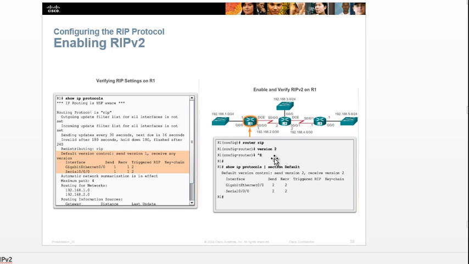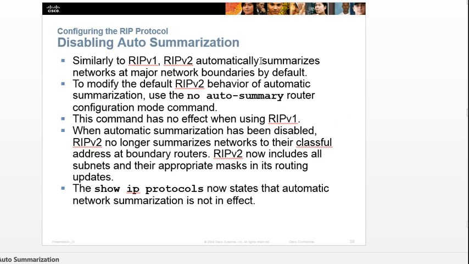To do RIP version 2, we do a router rip command and then say version 2. Similarly to RIP1, RIP2 automatically summarizes networks at major network boundaries by default. To modify RIP2 to not do that, you need to do the no auto-summary router command.